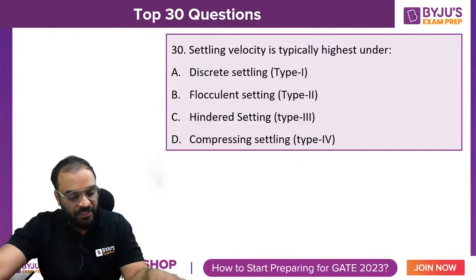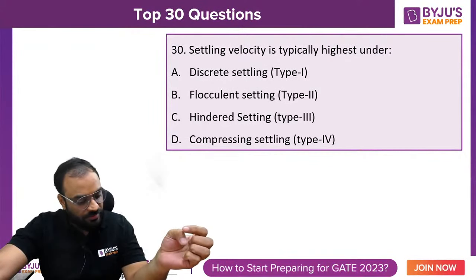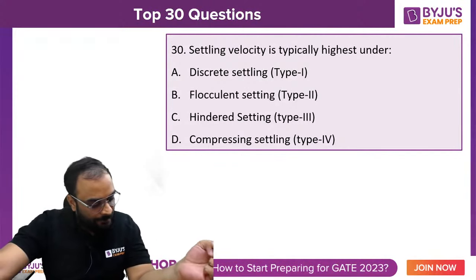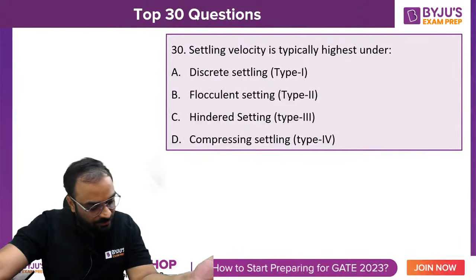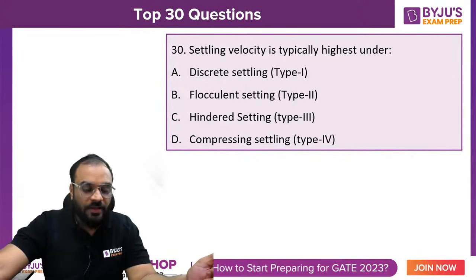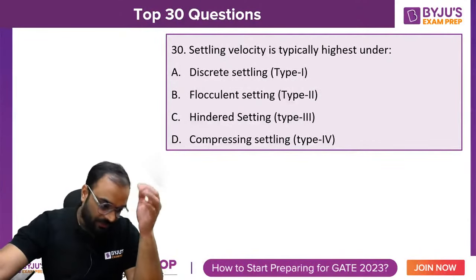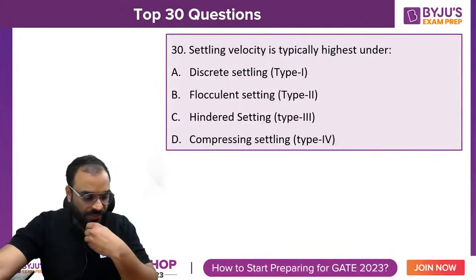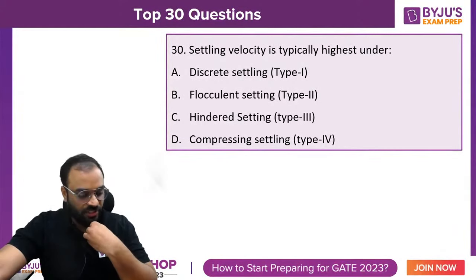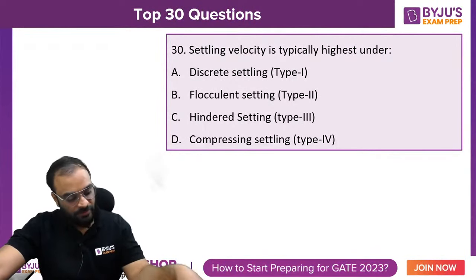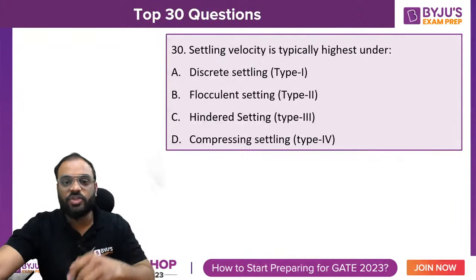In which particular case may you find the highest settling velocity? Tell me, guys. Flocculent. Yes, it should be flocculent.